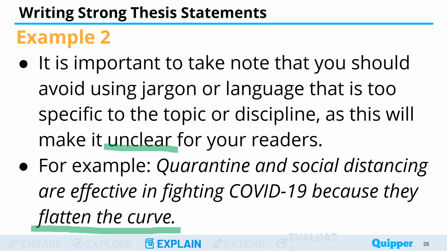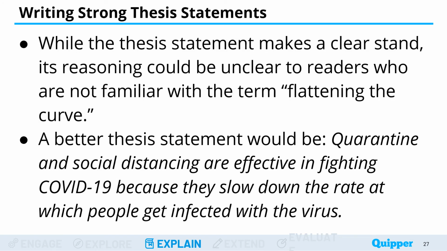So, how can this sentence be improved? While the thesis statement makes a clear stand, its reasoning could be unclear to readers who are not familiar with the term flattening the curve, as I have said earlier.